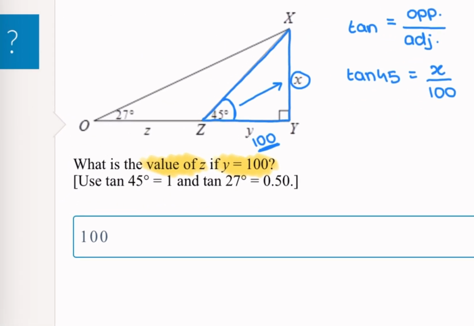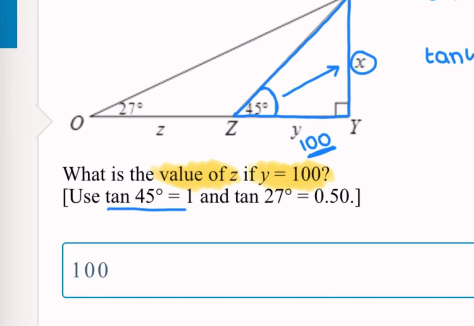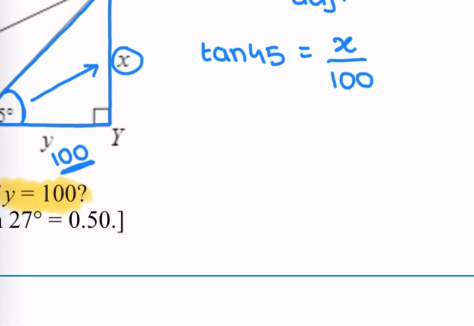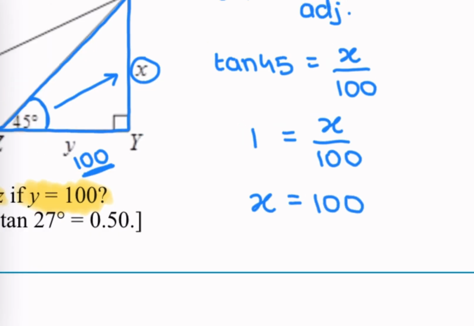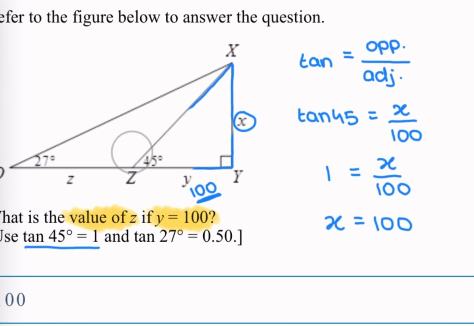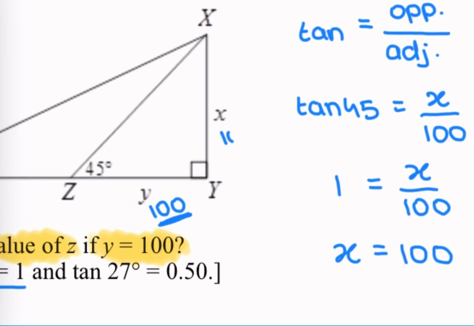They told us here to use tan 45 equals 1. So 1 equals x over 100, which is x equals 100. Now we got the value of our x, which is 100.